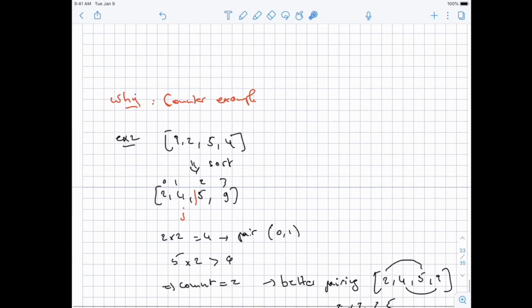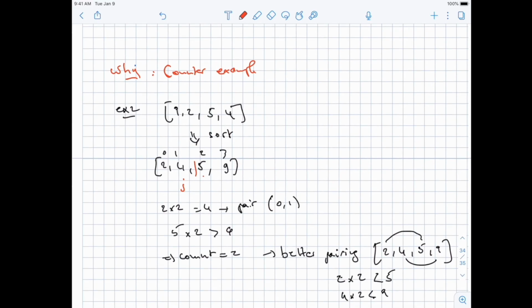The other thing is, just to prove this j thing, let's take a counter example. The second example we have in the problem is 9, 2, 5, 4. Once we sort it, we get 2, 4, 5, 9. Let's say we don't put j at (n + 1) / 2, let's say we put it before. We already know i has to be here because we want the smallest element, but let's say we put j here.